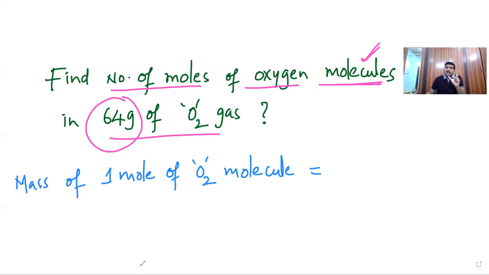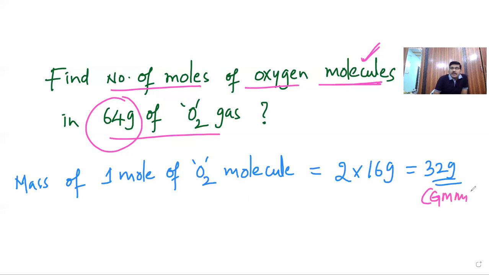So 1 molecule of O2 has 2 atoms of oxygen, so 2 into 16 grams, which becomes 32 grams. This is known as gram molecular mass, GMM, or simply, since it is expressed per mole, molar mass.